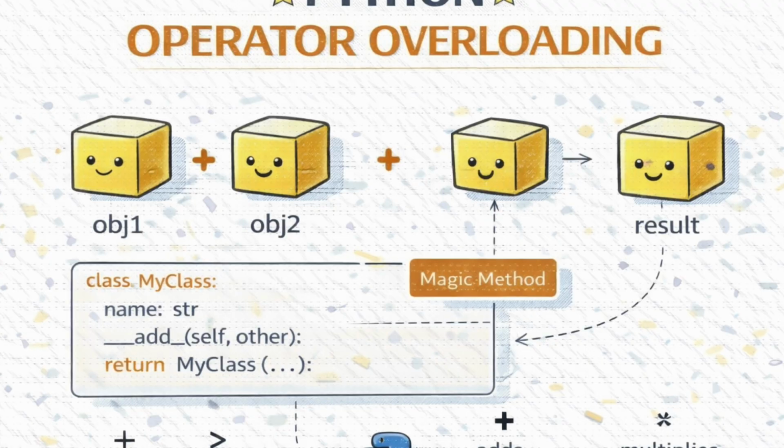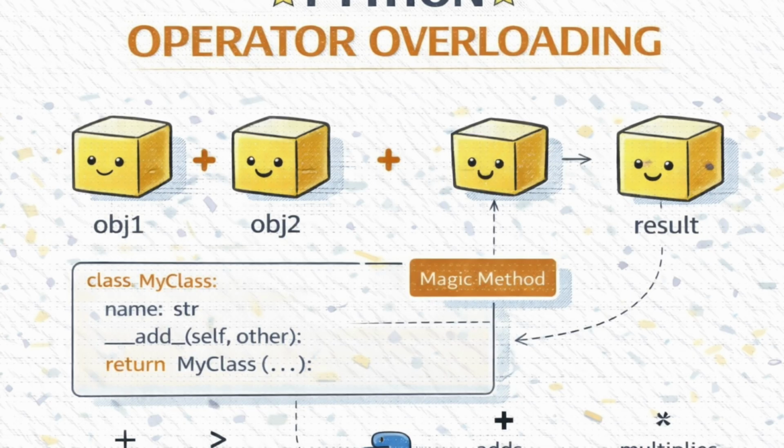When you overload, you stop forcing people, and that might be you in 6 months, to remember all these verbose method names. Yes. You're making your custom classes work more like the fundamental types because they respond to those fundamental symbols. The classic example our source material brings up is geometric, adding 2 points in 2D coordinates. Right. If I have point A and point B, the human readable math is simply A plus B. Why should the code be any different?